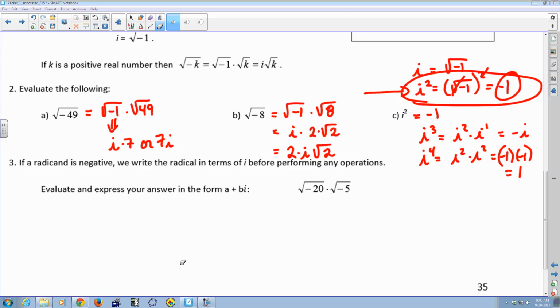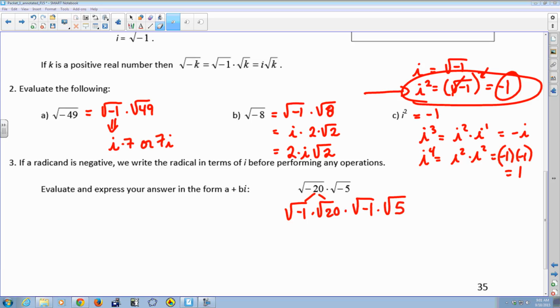So when you have negative radicands, you simplify each one of them individually. This is not an equation. So what I did is I split up the square root of negative 20 into the square root of negative 1 times the square root of 20.